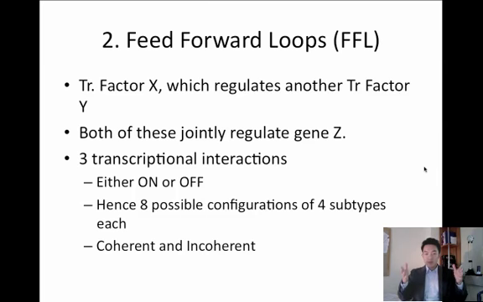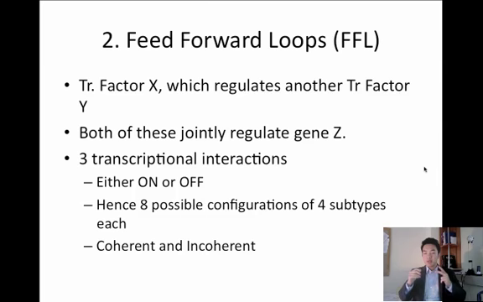In this motif, you have one transcription factor which regulates another factor, and both of these factors together lead to production of one product. That's gene Z. Now, I'll be using the term X to indicate the main activator, then the secondary would be Y, and the product would be Z.